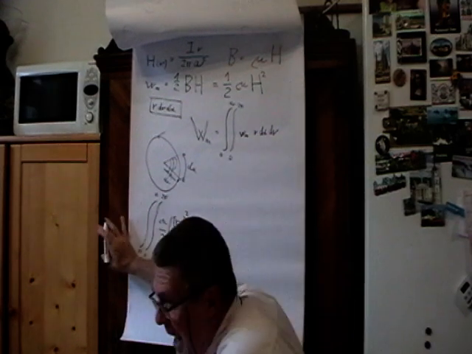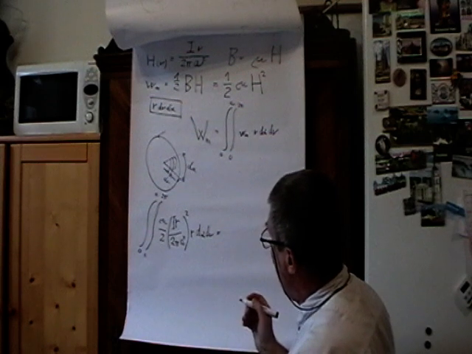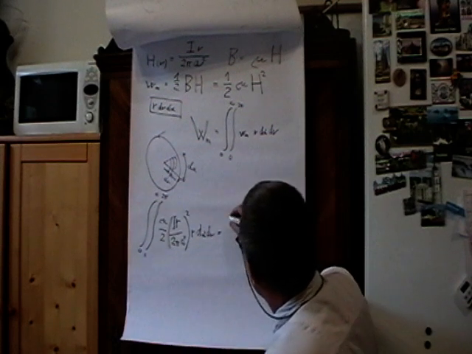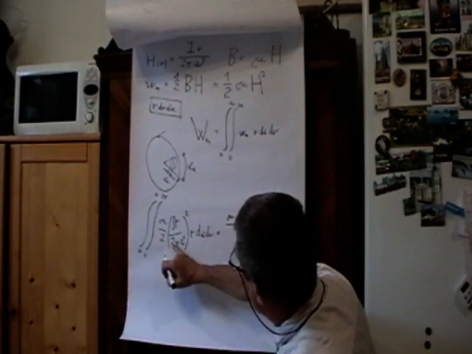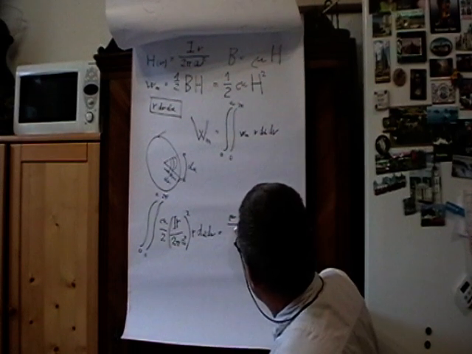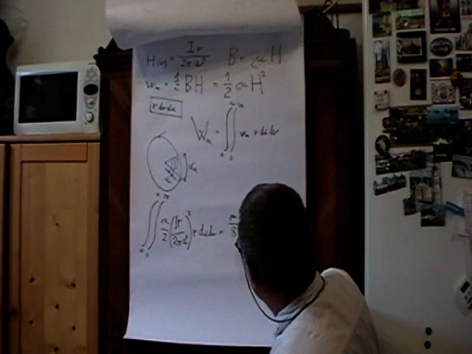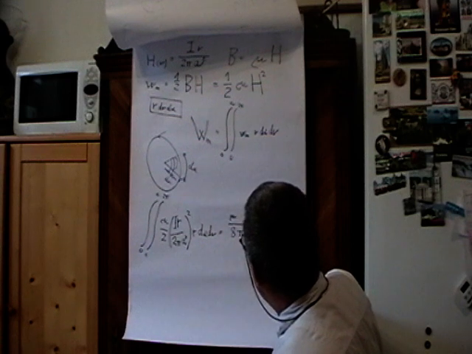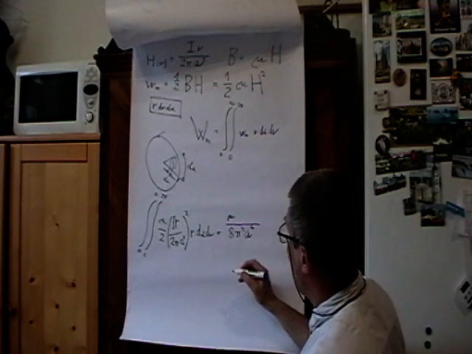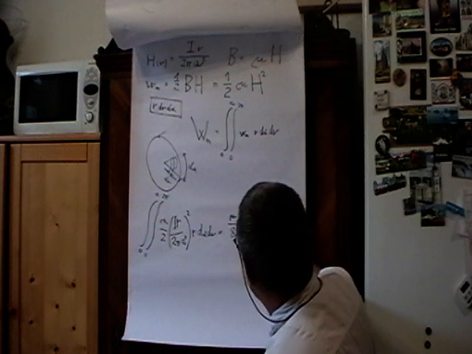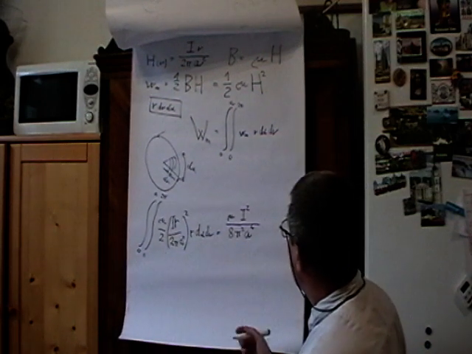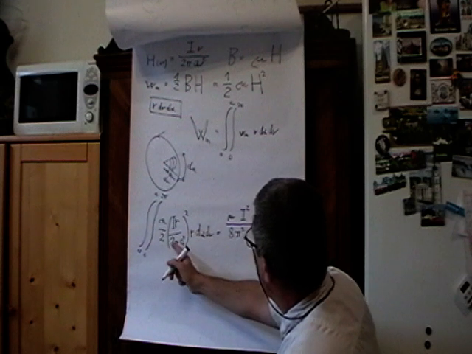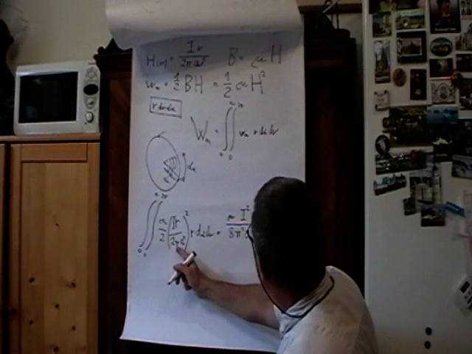Let's put all constants ahead of the integration mark, and we would get mu over 2 times 4, which is 8, pi squared, a raised to the fourth power, and in the denominator we would also get I squared.